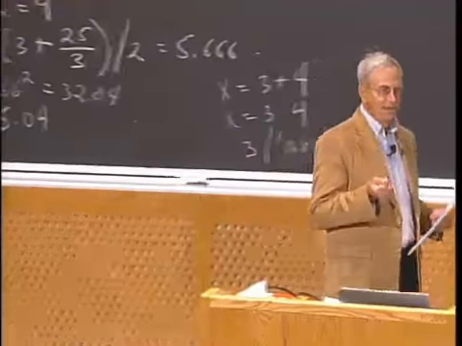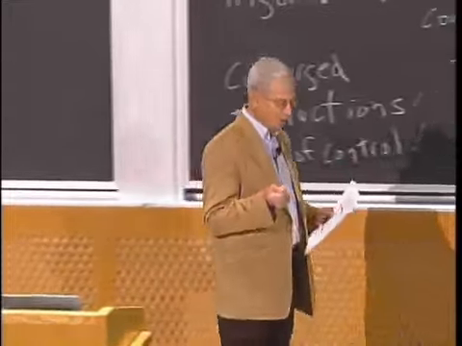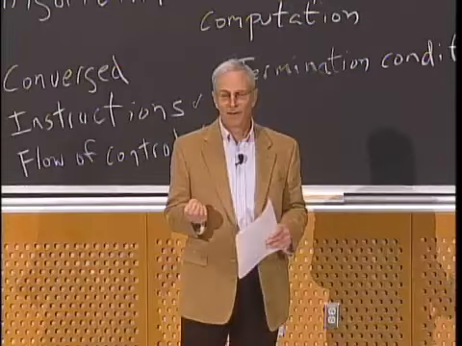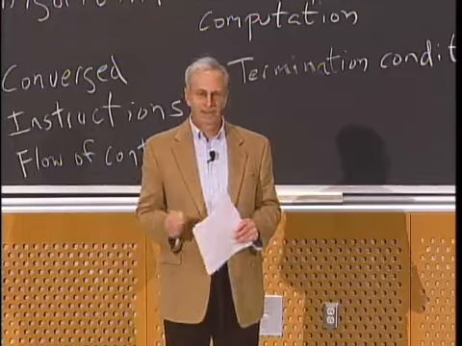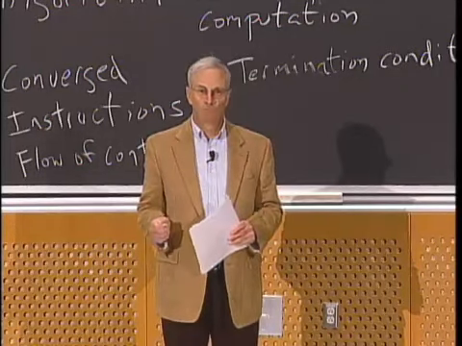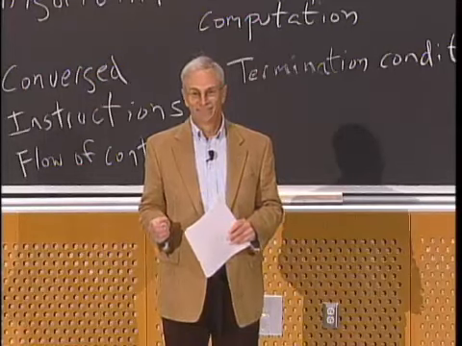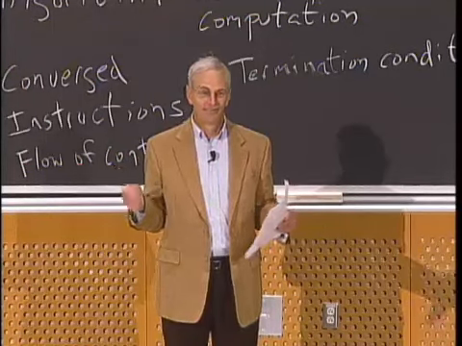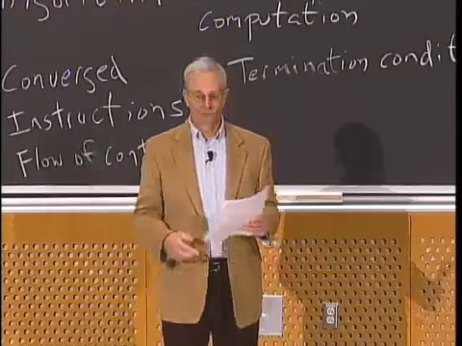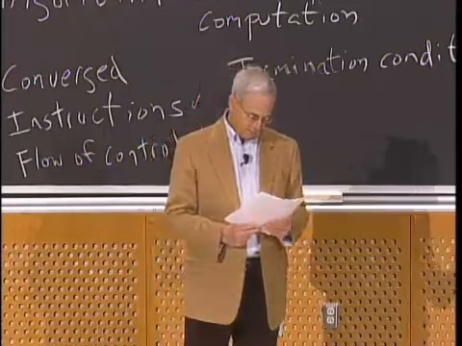On the other hand, it's easy to talk about a program meaning something other than you wanted it to mean. And you will discover in the problem sets, most of the time, the programs don't mean what you want them to mean. That is to say, when you run them, they don't give you the correct answer. And then you will go through this process of debugging them and learning how to do it.